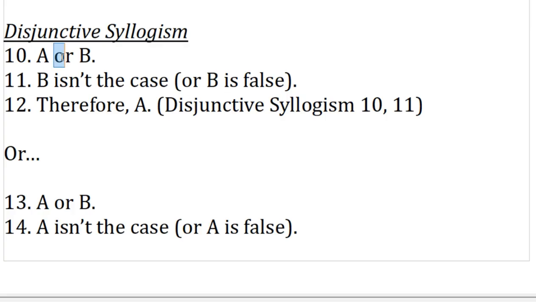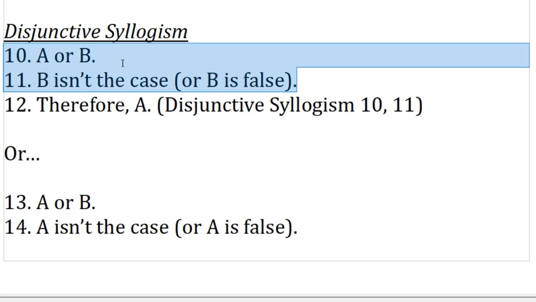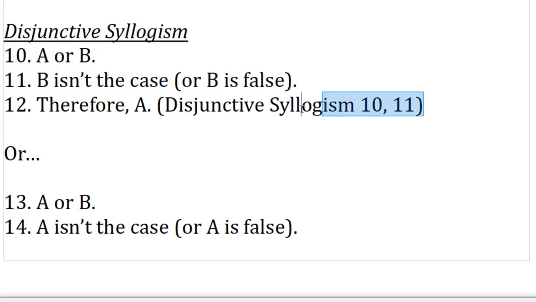It is using the word or to get started. So the first premise here, premise 10, says A or B. And then 11 says that B is not the case, or B is false. And so then the conclusion that we're left with is A. And if you had 2 premises that fit this form, your conclusion, using disjunctive syllogism, would fit this form.